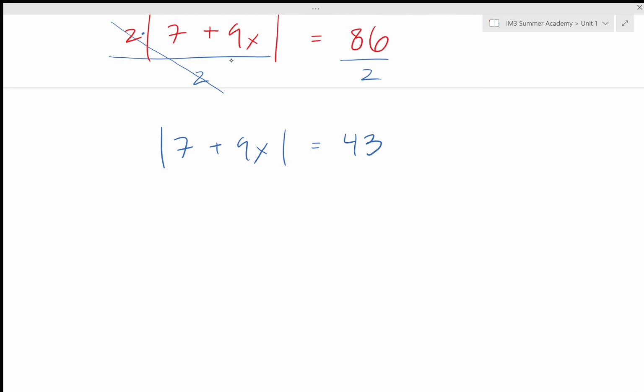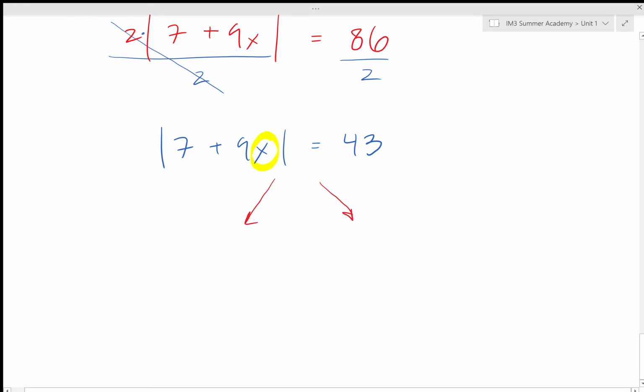Now I notice my x is inside the absolute value. I can't get in there without breaking the absolute value off. And remember, the way we do that is by splitting the problem into 2. 7 plus 9x equals a positive 43. And on the other side, 7 plus 9x equals a negative 43.